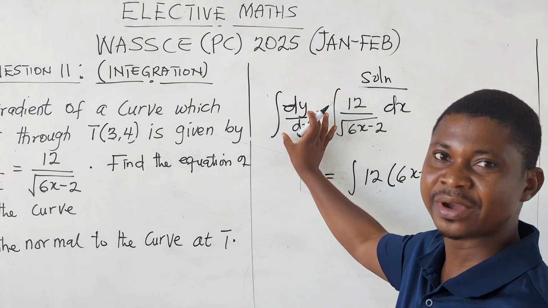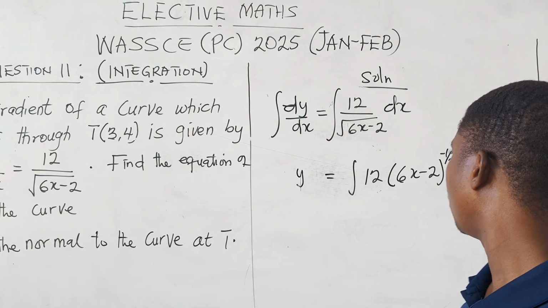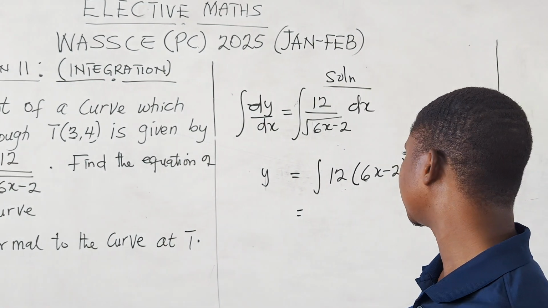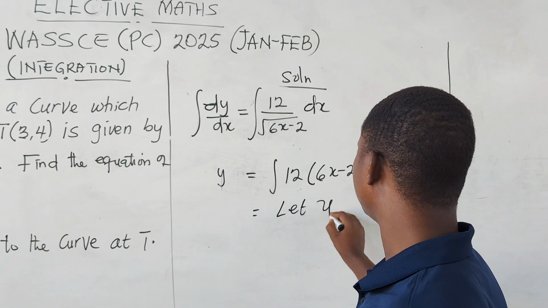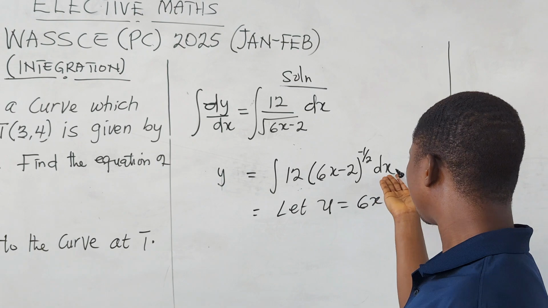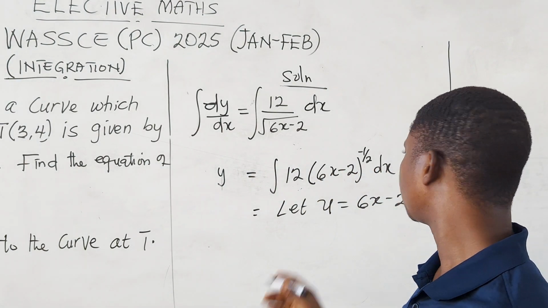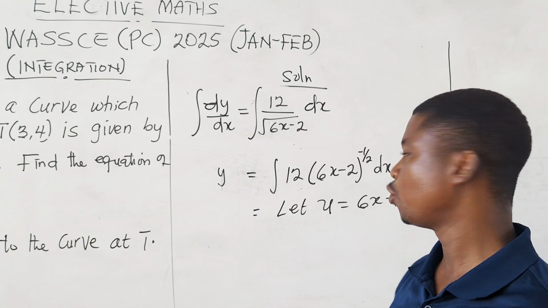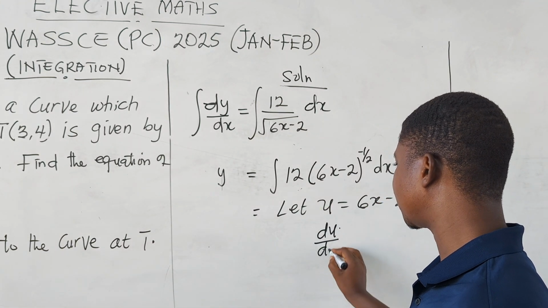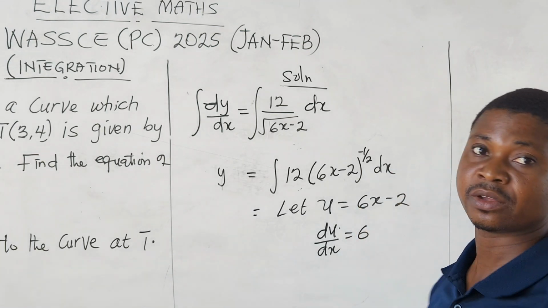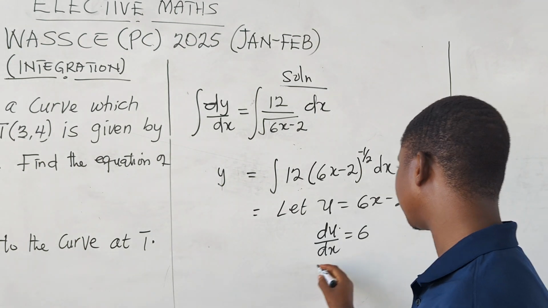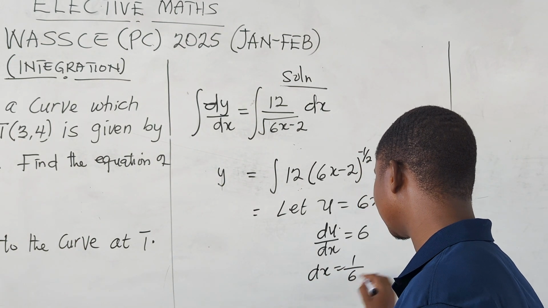When you integrate this side, you get y. So we look at this side. Since we can use the substitution method, we let u be equal to 6x minus 2. Then we need to change everything to u, so dx must be changed to du. We differentiate: du over dx is equal to 6, because when you differentiate that you get 6. Making dx the subject, dx gives us 1 over 6 du.